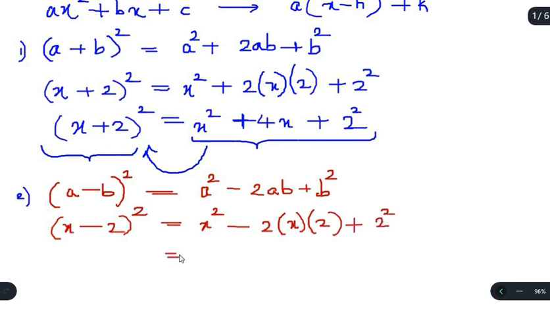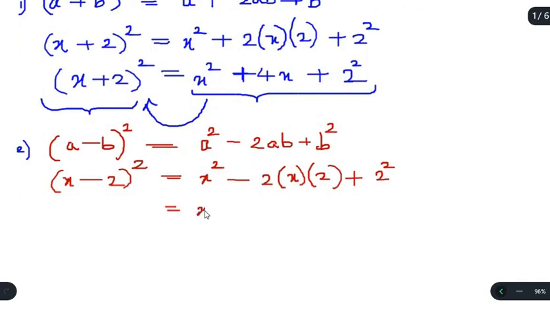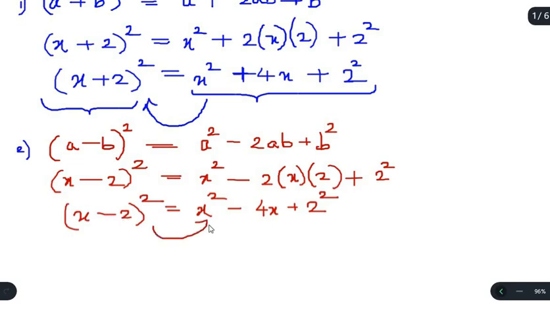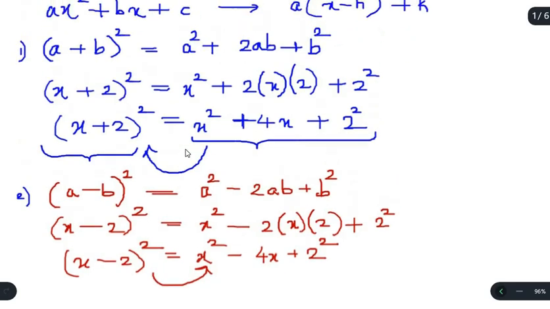Simplifying it, we can write it as x squared minus 4x plus 2 squared. Again, (x minus 2) the whole squared, the expansion of this is this. This is all you need to know in this completing the square method topic.